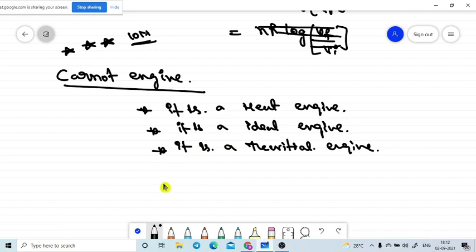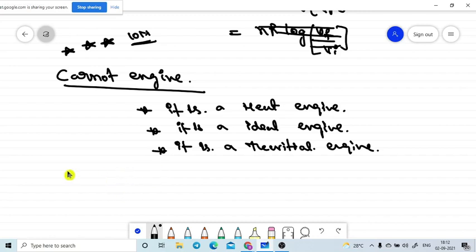So what does a Carnot heat engine mean? It is a cyclic heat engine. Let me give the definition for the Carnot heat engine, a very small definition.